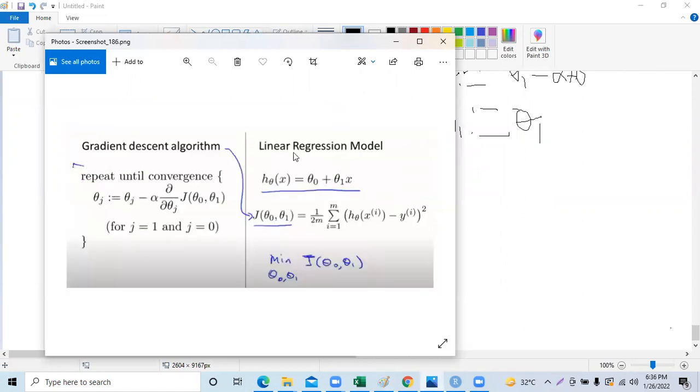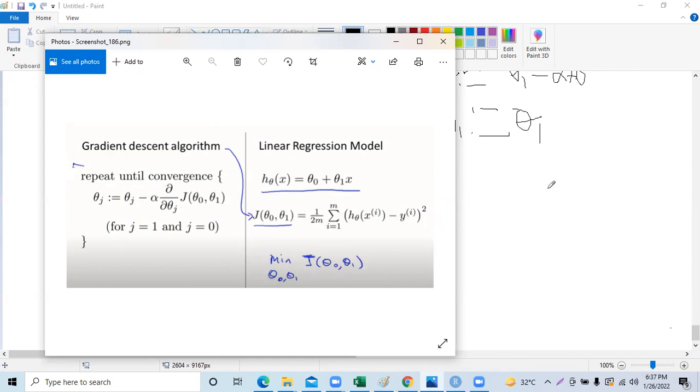This is our linear regression model. If you remember, h of x equals theta 0 plus theta 1 x. This is our cost function, J of theta 0 and theta 1 equals 1 over 2m summation of our predicted minus our actual value all squared. If you remember that. And now this is our gradient descent, right? So repeat until convergence.